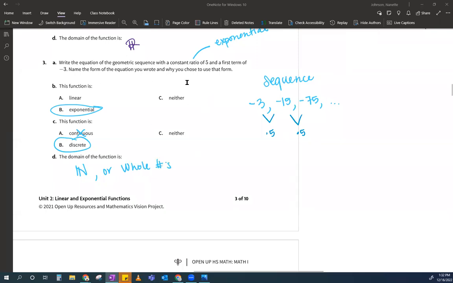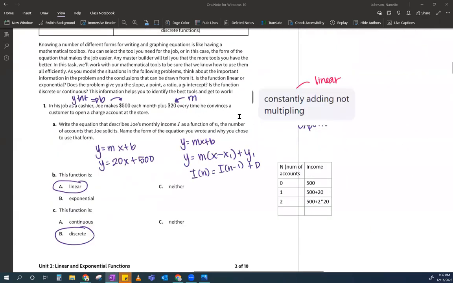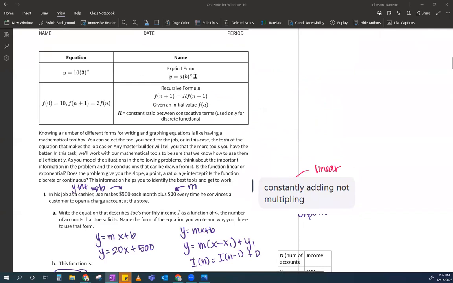So then we would just have to write our equation. What equation would you like to write? Just reminding you, for exponentials we could either write the explicit form or the recursive. Someone said, I like recursive better. That makes sense. The reason that person probably did that is because if you're given the initial value, all you'd have to do is plug in that 5 right there.